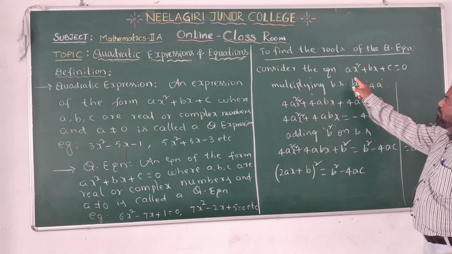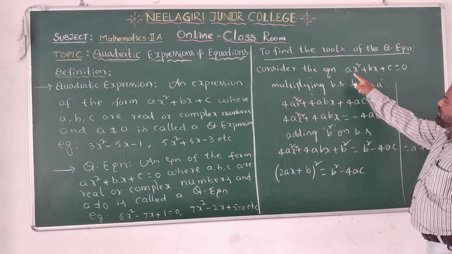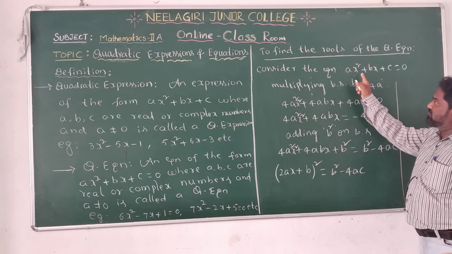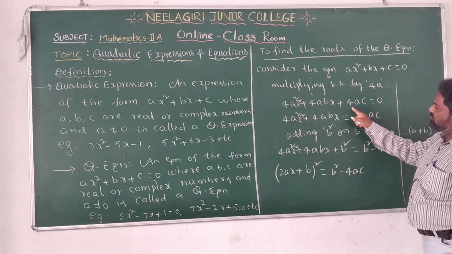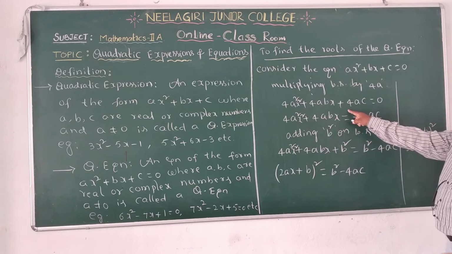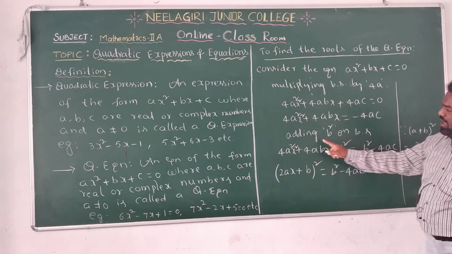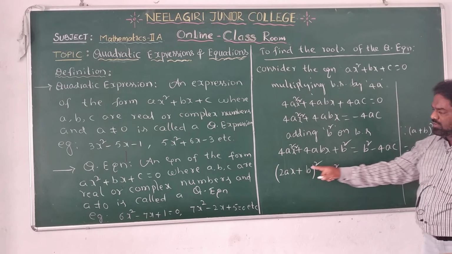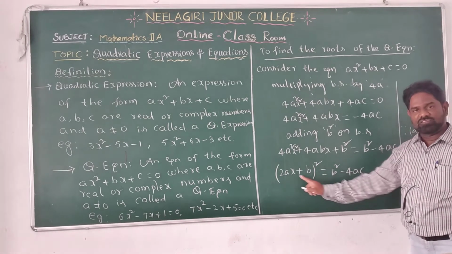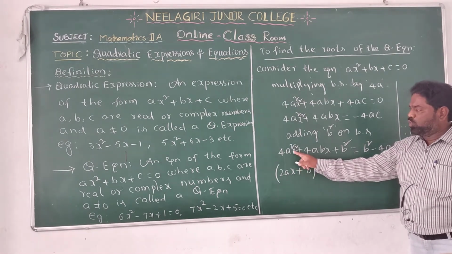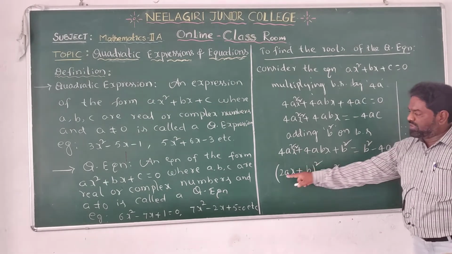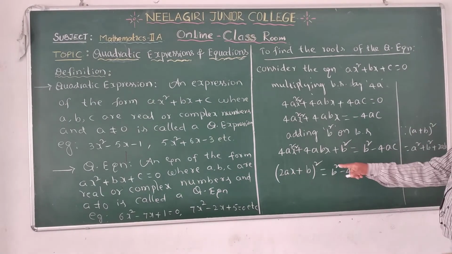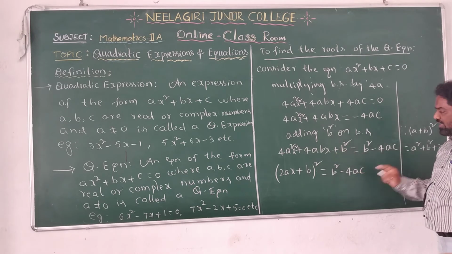Listen, we multiplied by 4a, so we have 4a square x square plus 4abx plus 4ac. Next, 4ac is transposed to the right side and b square is added on both sides. Expanded, 2ax whole square is 4a square x square, b square, and 2ab gives 4abx.